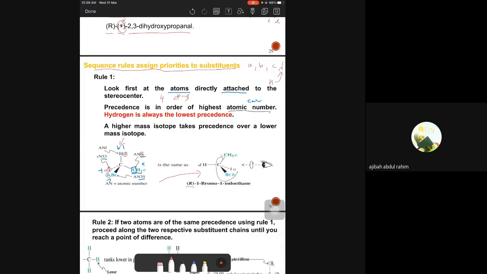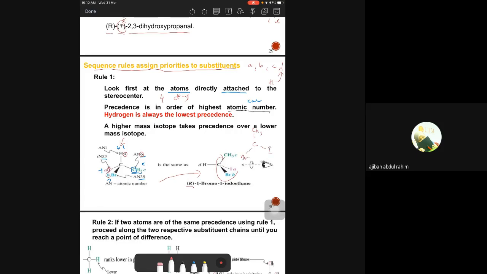If you feel it is hard to visualize when it is at an angle like this, then you can convert it into C, having CH3, CH3, and then your iodine and bromine here.